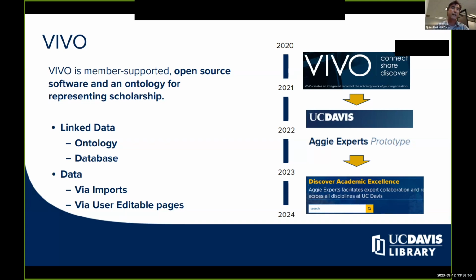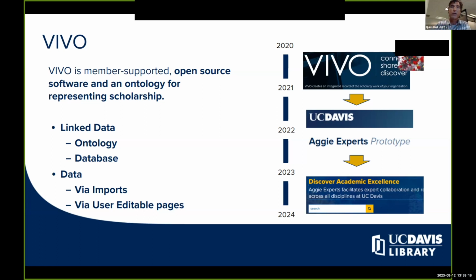It's both the ontology, but it's an application as well. It's all done in linked data. The ontology is in linked data. The database itself is in linked data. And you can do data imports via bulk imports or via individual edits. But it's a complete application. So the complete UI is organized around that as well.